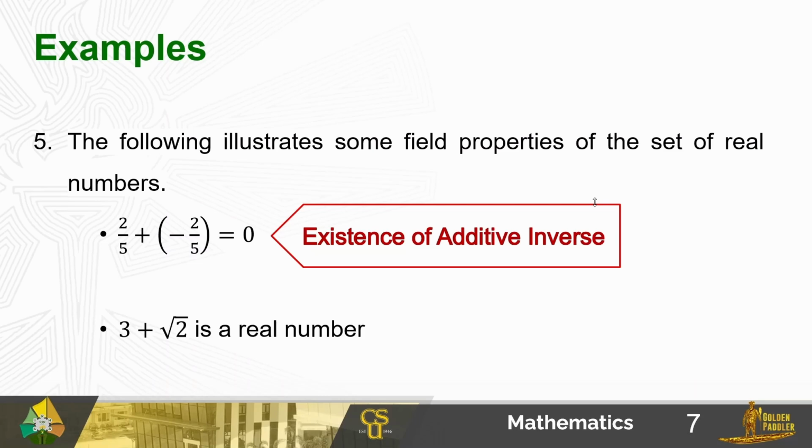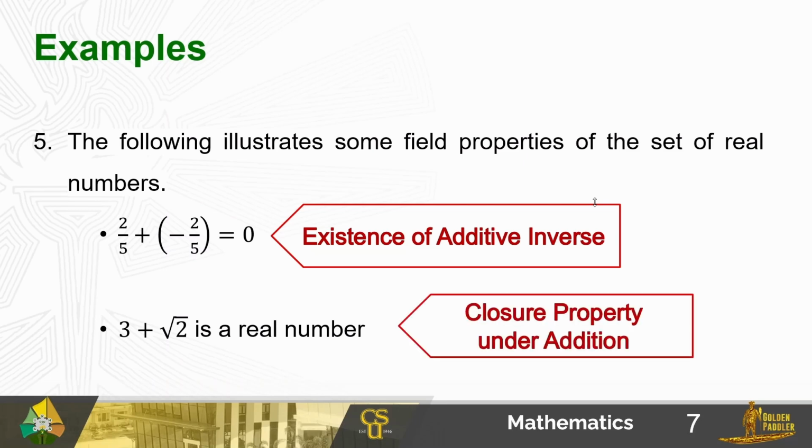Now, how about if you have the statement 3 plus the square root of 2 is a real number? Again, determine what field property illustrates 3 plus the square root of 2 is a real number. Okay, so the answer is closure property under addition.